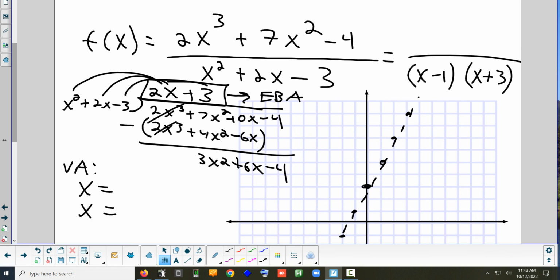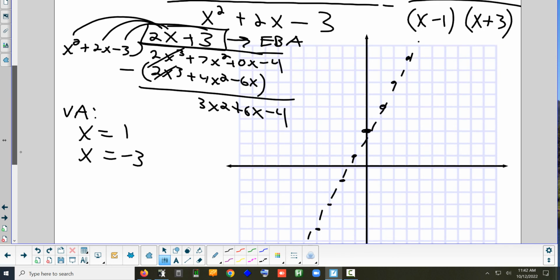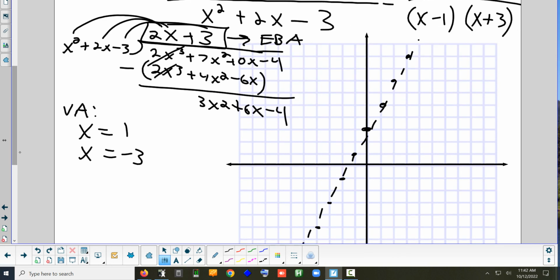So what are my two verticals? 1 and negative 3. All right, so we got 2 of them, but at least we don't have a curved asymptote. So there are 3, but there's no curve. So x equals 1, and x equals negative 3.